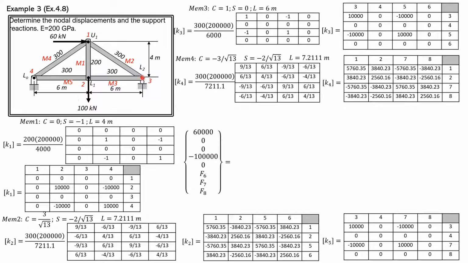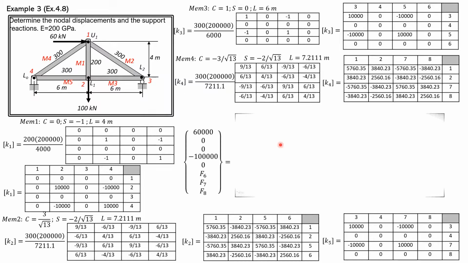F5, the horizontal force at 3, is 0. F6 is unknown, the vertical reaction at 3. Then F7 is the horizontal reaction at LO, so it's unknown. Then F8 is the vertical reaction at LO.